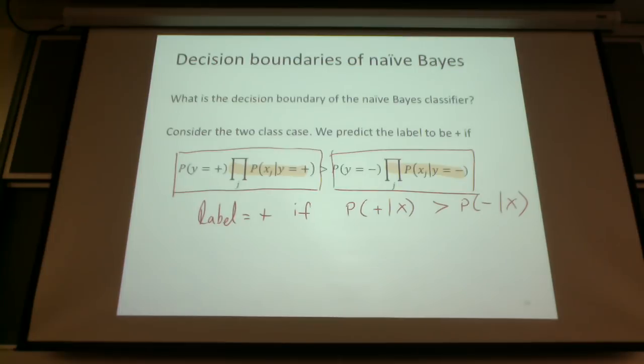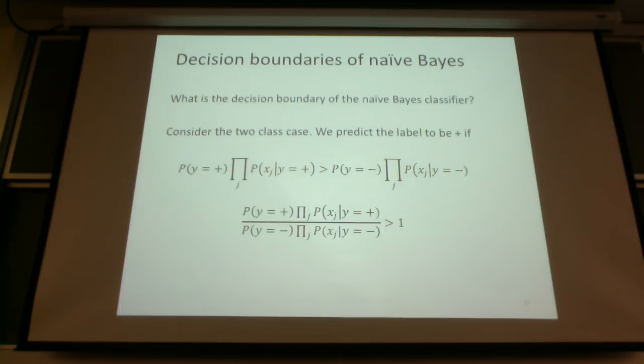The label is plus if the probability of plus is greater than the probability of minus. I can just reorganize this, right? I took the negative side and brought it down to the denominator, and let's pretend that we live in a world where we don't have any zeros. So this is a valid operation.